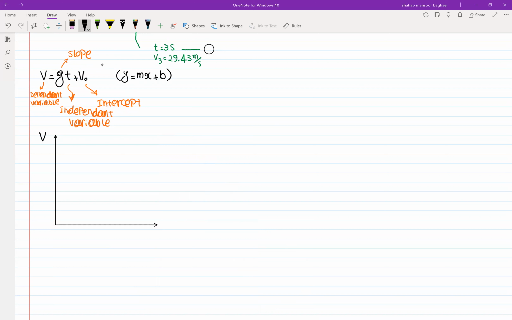This is V vertical axis, velocity, and T is horizontal axis, which is independent variable. And V equation is a line.